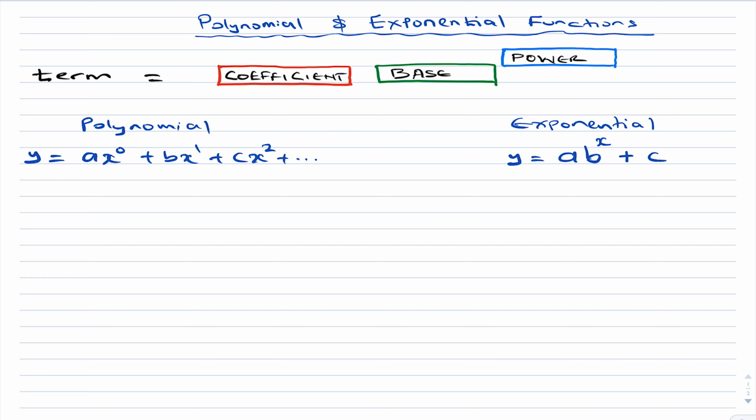So let's write this carefully. Now x to the power of 0 equals 1. x to the power of 1 equals x.